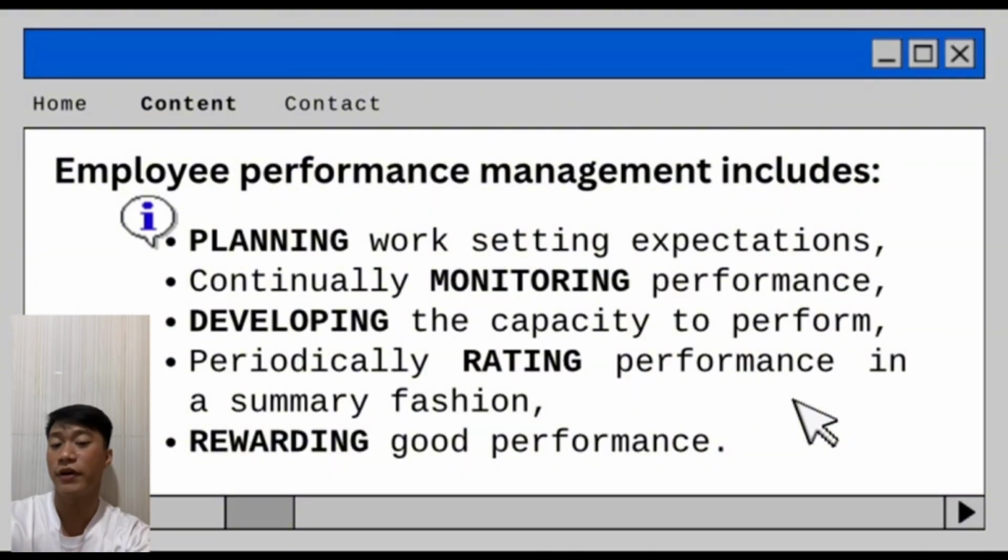Fourth, we have rating: summarize performance periodically with objective assessments. And lastly, we have rewarding: recognize and reward good work to motivate and retain talent. It's basically aligning daily work with bigger company goals and helping everyone keep improving.